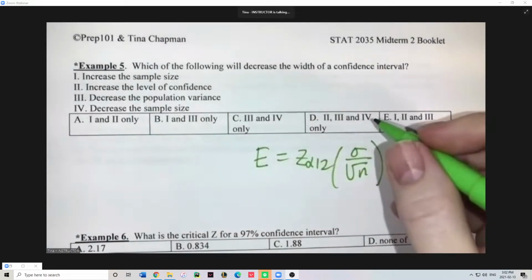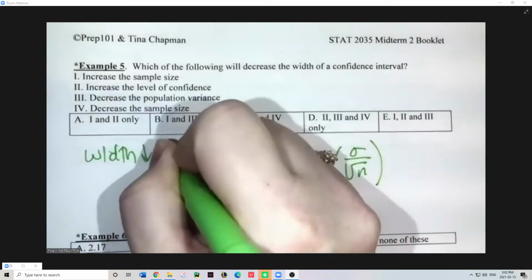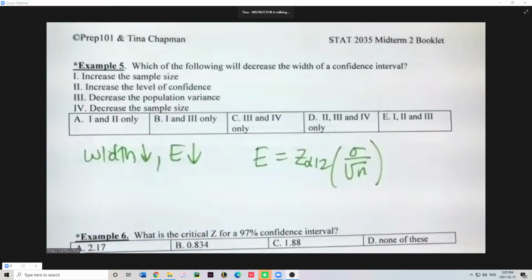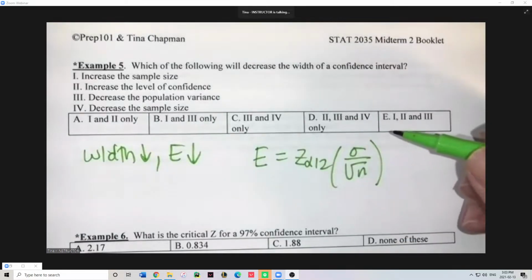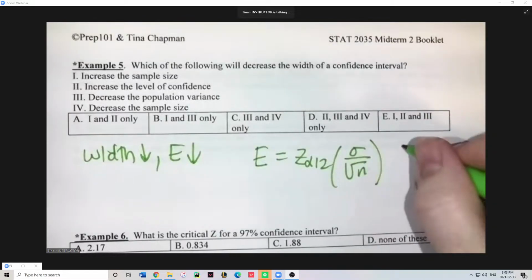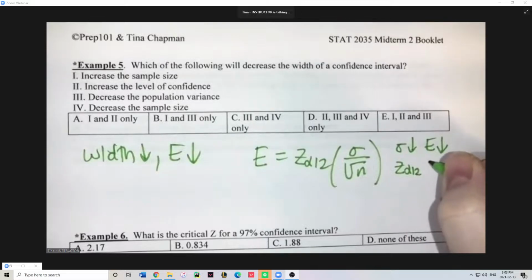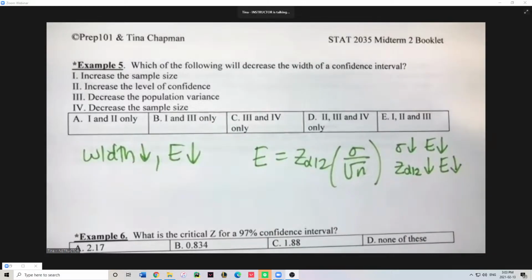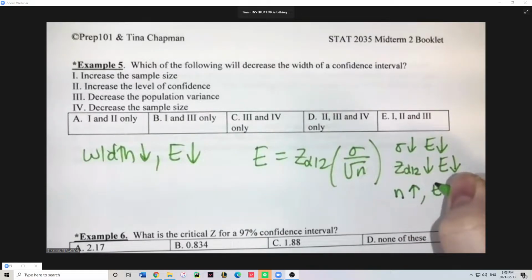All right, so if you're decreasing the width, then you're decreasing the margin of error. So E is going down. So which of these would make the margin of error go down? Well, as sigma goes down, the margin of error goes down. As Z alpha over 2 goes down, the margin of error goes down. And as N goes up, the margin of error goes down.